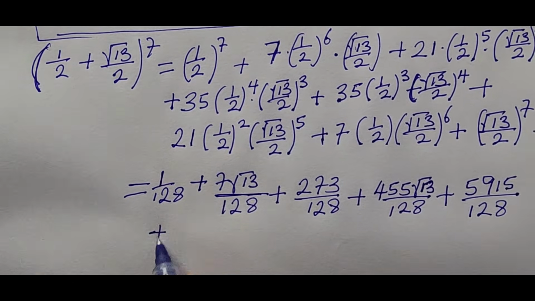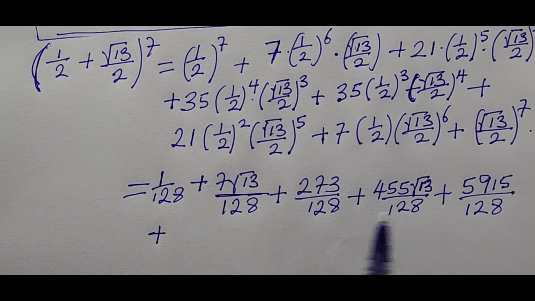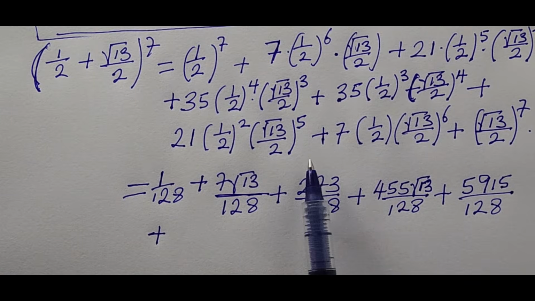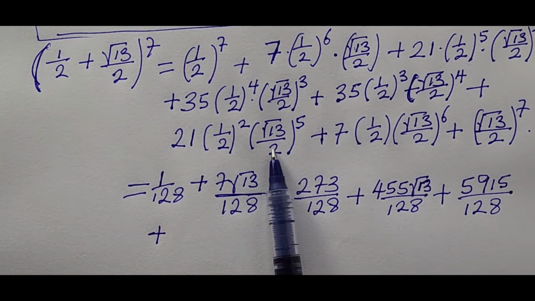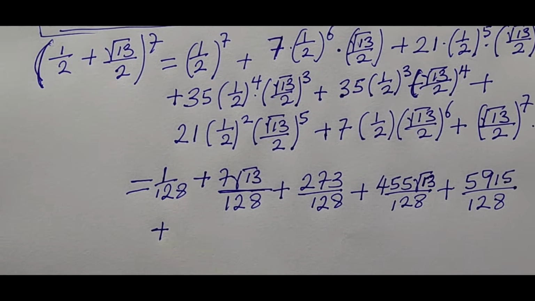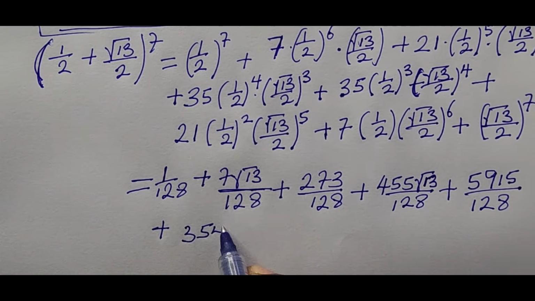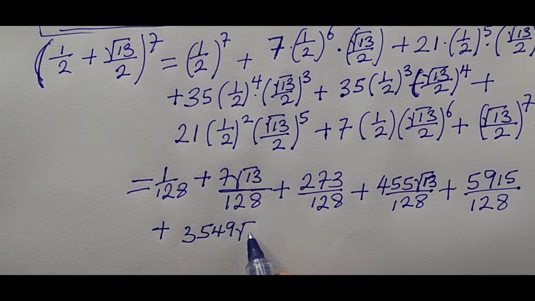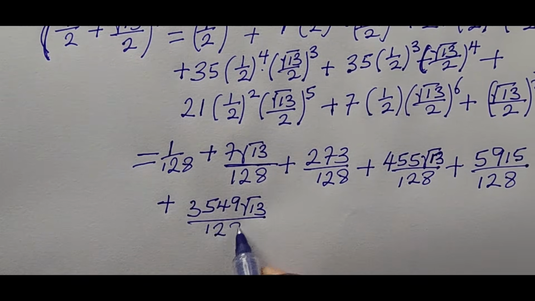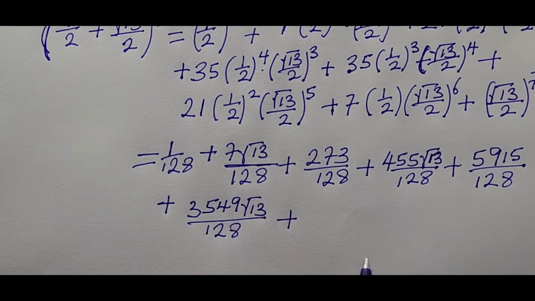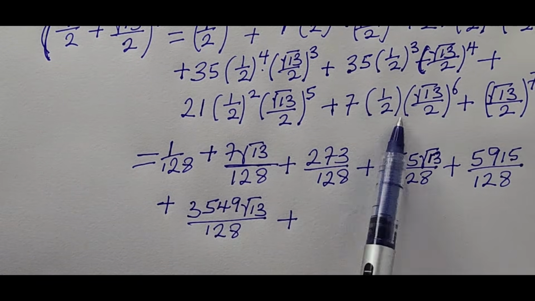Plus, we now have the next term, which is this 21. So for the term of 21, we're going to have 3,549 root 13 all over 128. Plus the next term, which is this.